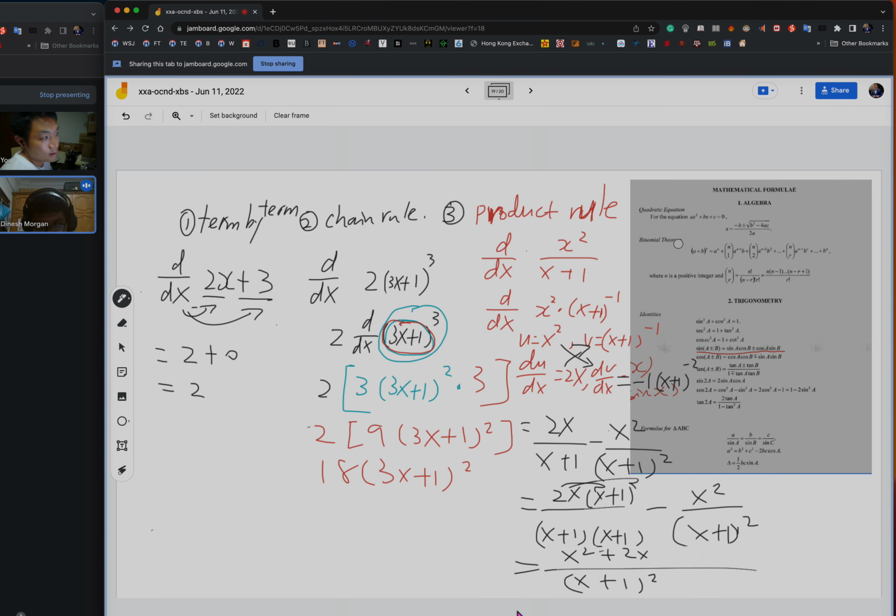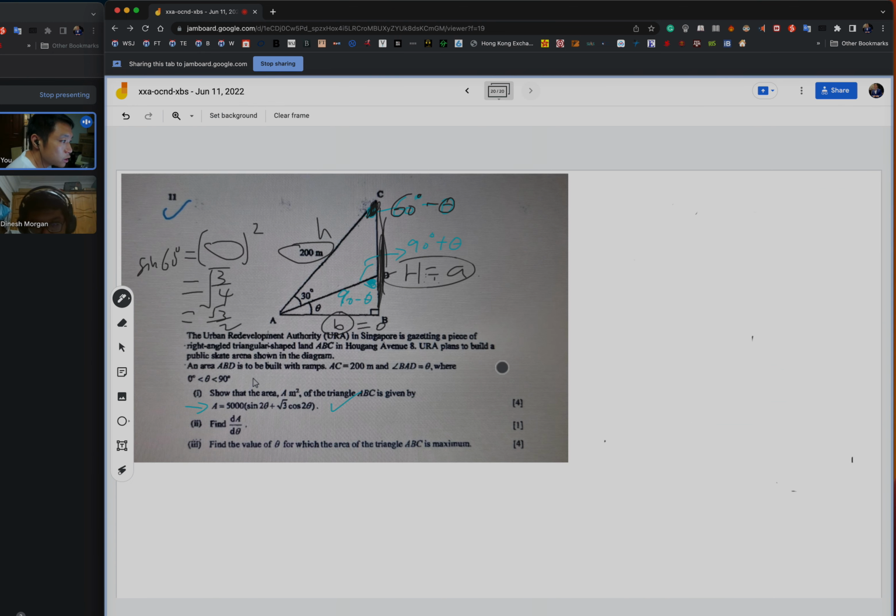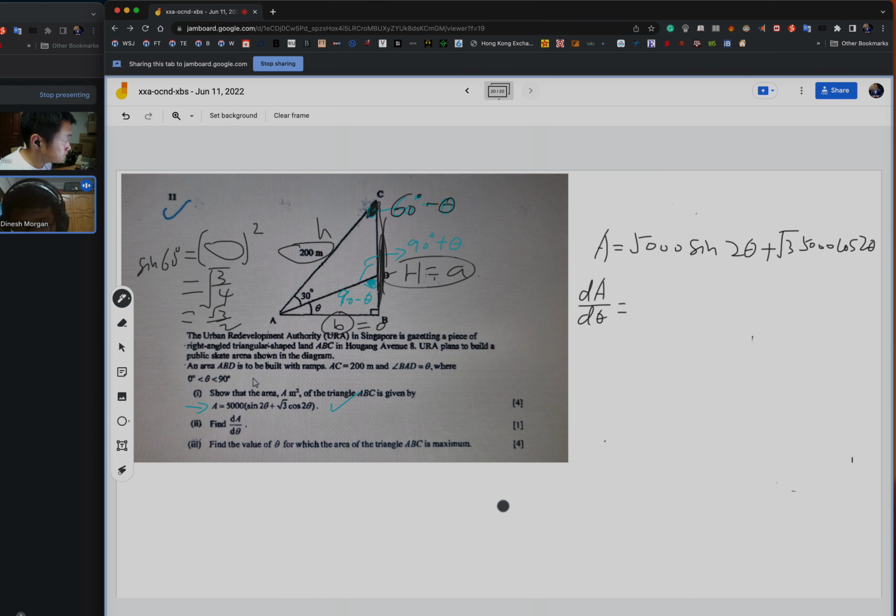With this understanding, for this one you should do term by term if you can. Always seek to do term by term. So you dA dθ. Can you continue for me? Right is smaller so that you have enough space.